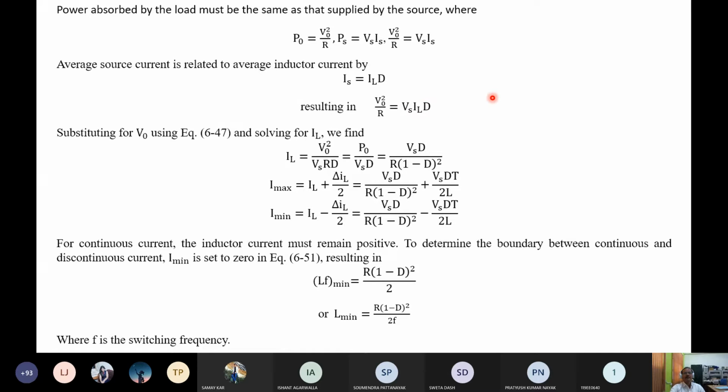Now, by solving this, you get IL equal to V0 squared by (Vs D R). Now V0 squared by R is equal to P0, right?